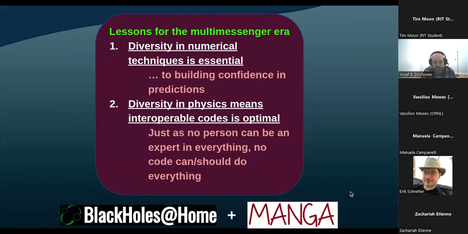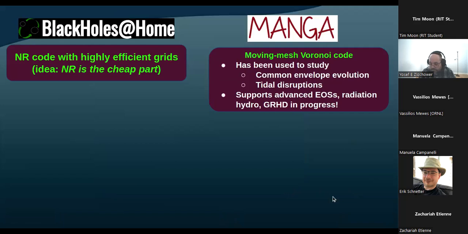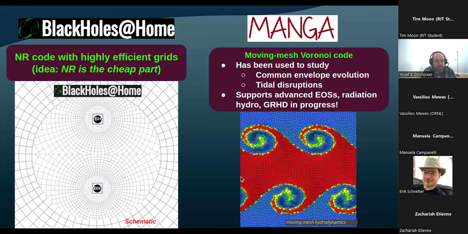So one idea that I've been pursuing with Phil Chang, and it relates rather well with Stefan's talk and the previous talk, is this notion of merging a numerical relativity code with a code that has been designed to do Newtonian hydrodynamics to make it do general relativistic hydrodynamics. Here we're using my Black Holes at Home code, which uses highly efficient grids.